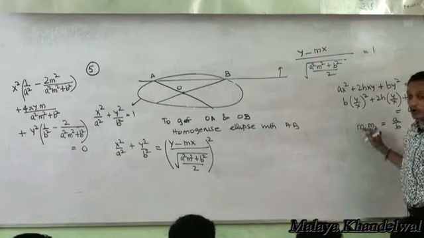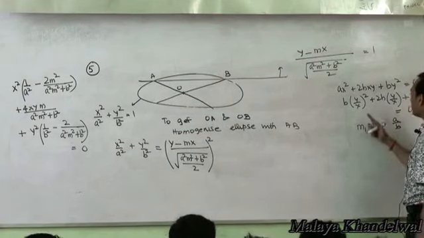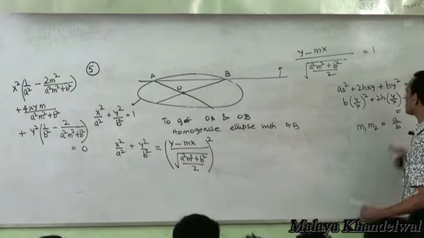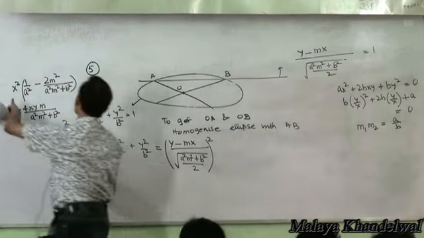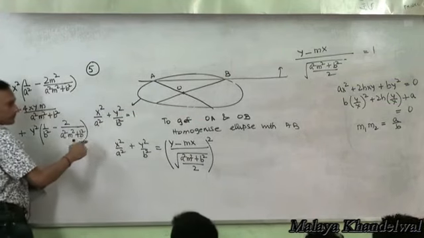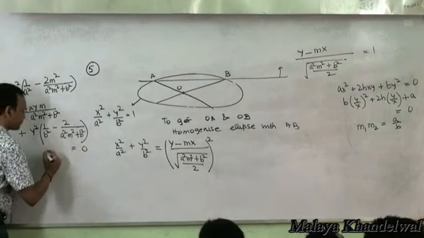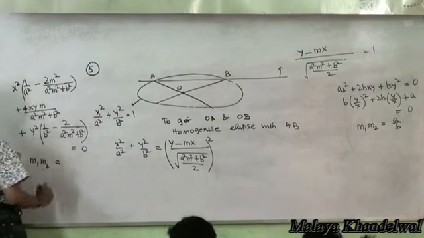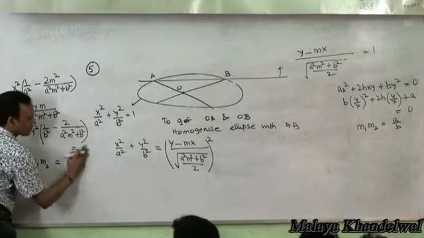I've done that before, for pairs of straight lines passing through the origin. So the product of the slopes of these two lines, AO and OB, m1 m2, is the coefficient of x squared divided by the coefficient of y squared.